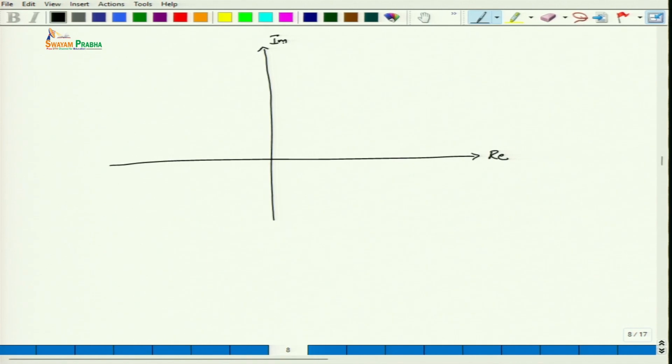So, in the first case, if we consider the rise time criteria, we will have something like a semicircle on the omega n part, right. Next, if we consider the peak overshoot, we will have something of this, and if we consider the settling time, then we will have a straight line here.